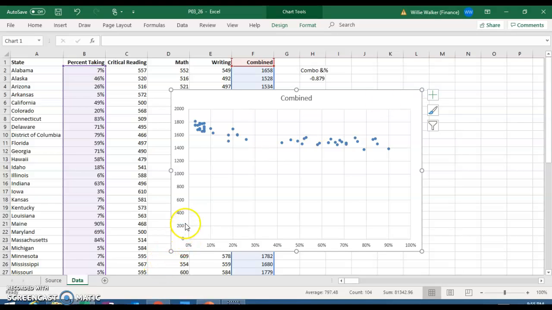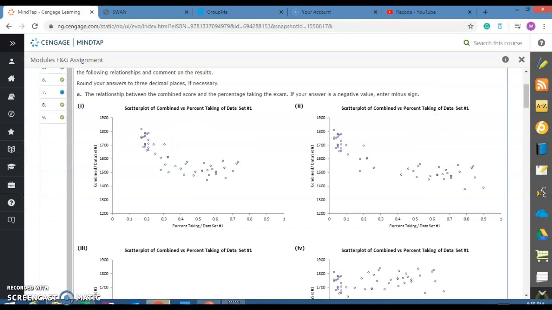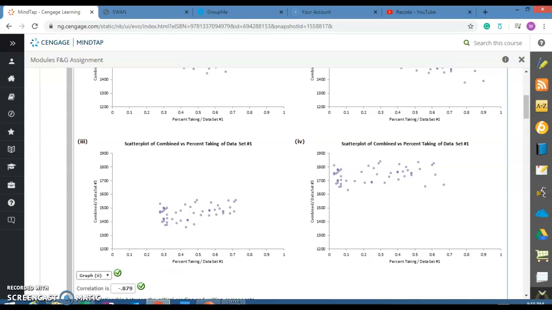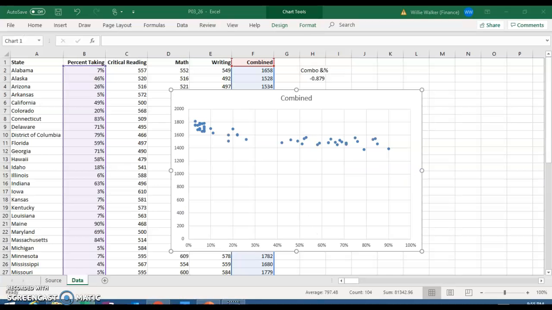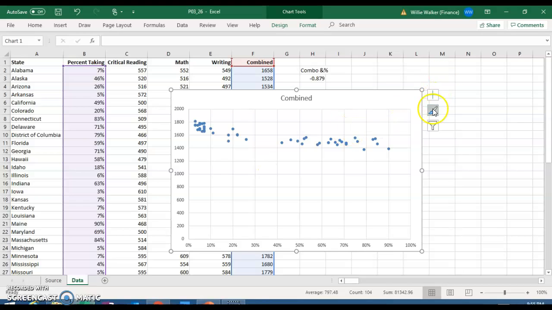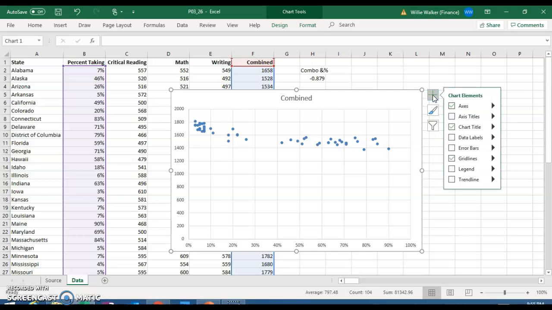I'm sure there's a way that we could zoom in closer. But this is what I'm going to do. We could do several things. We can go to the plus sign and add a trend line. Okay, so it's downward sloping.